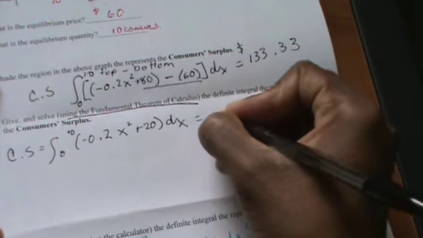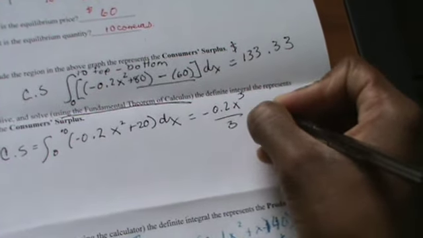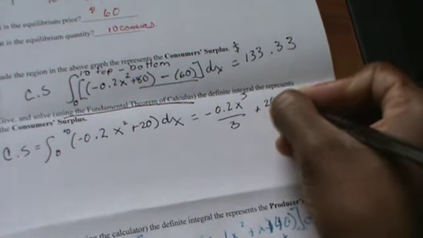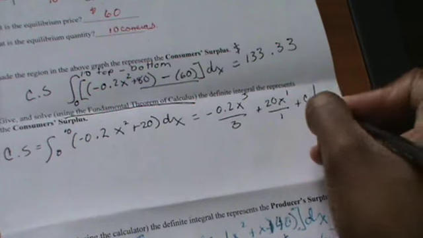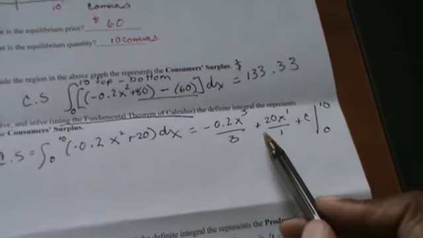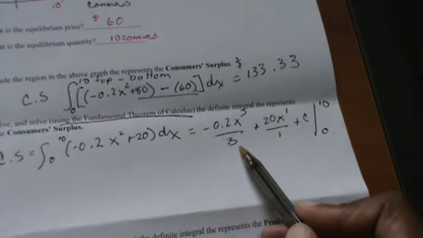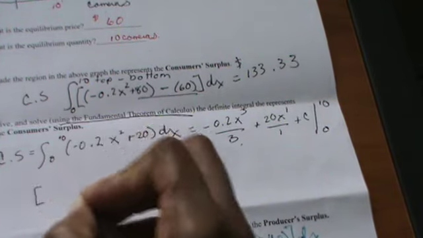This equals negative 0.2x to the third over 3 plus 20x to the first over 1 plus c, placeholder, from 0 to 10. Notice the first thing I did was take the antiderivative, and the next thing I'm going to do is plug the 10 in and then subtract off what happens at 0.